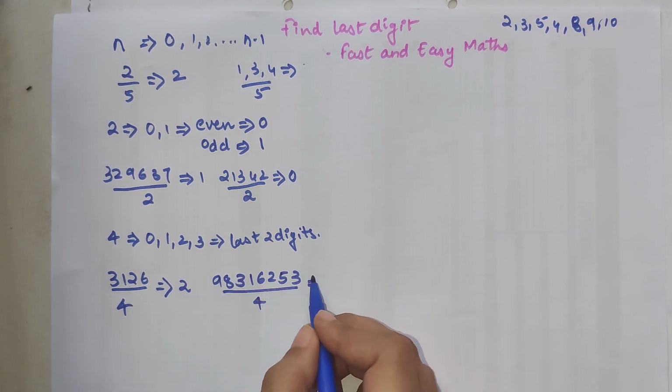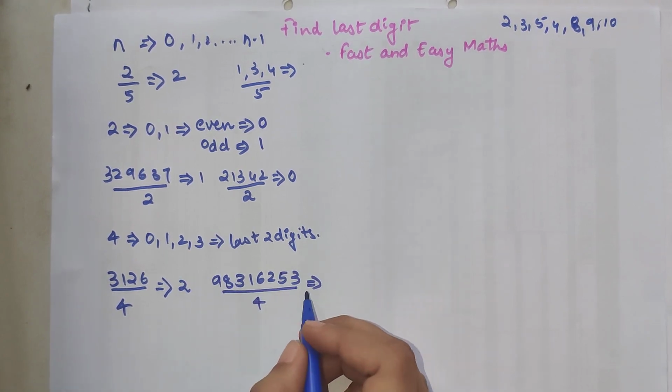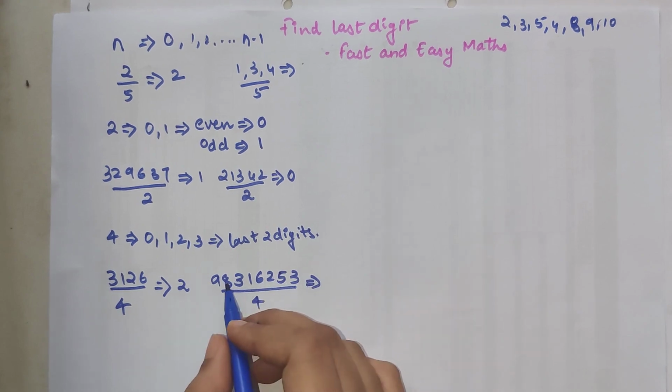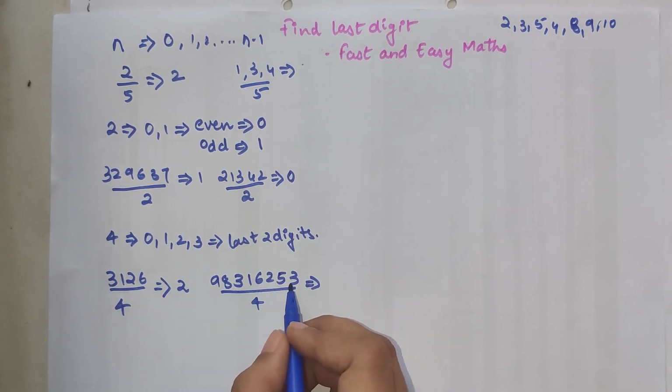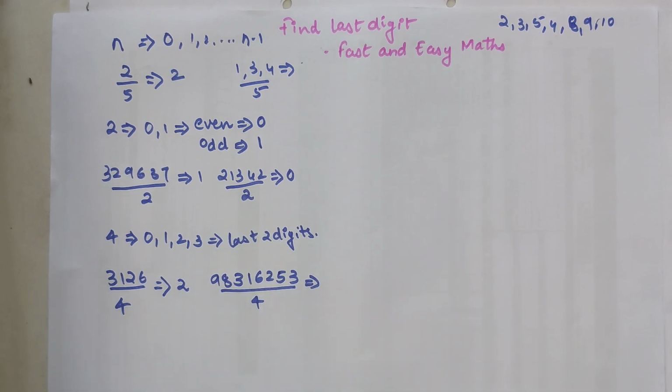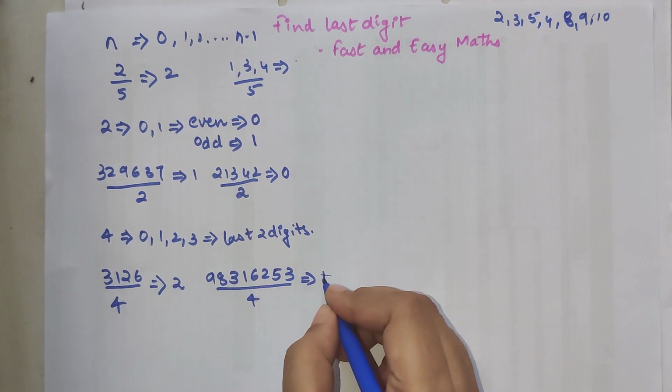Okay, and let's check whether that is divisible or not. So now here, instead of checking the whole number, I just have to see the last two digits. Here it is 53, and I know that 52 is completely divisible by 4, so my remainder is nothing but 1.